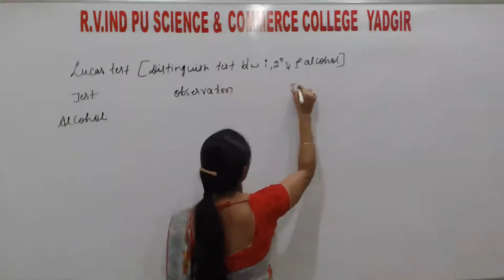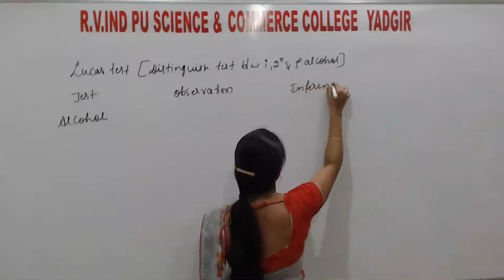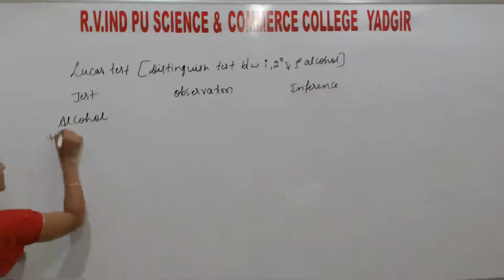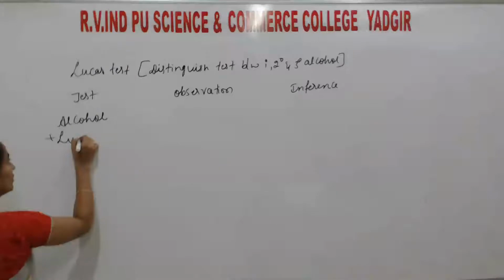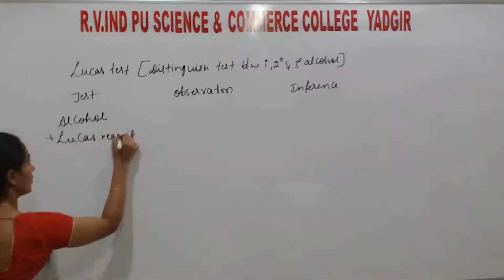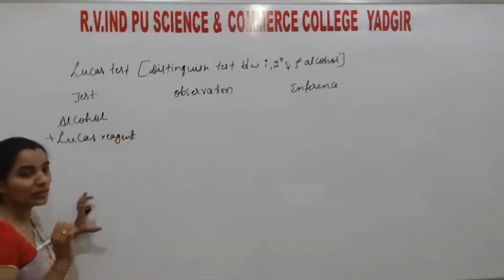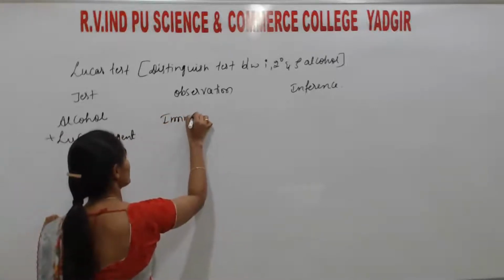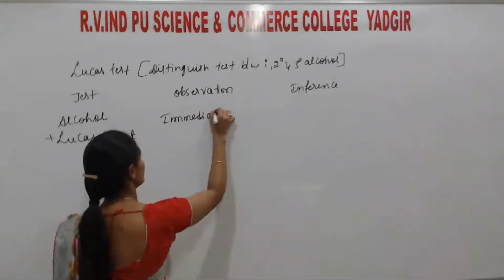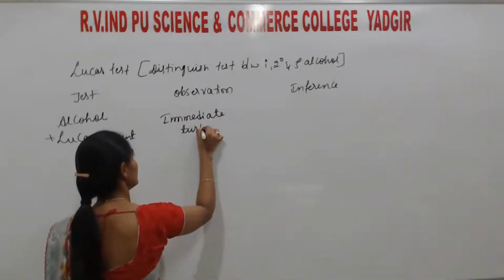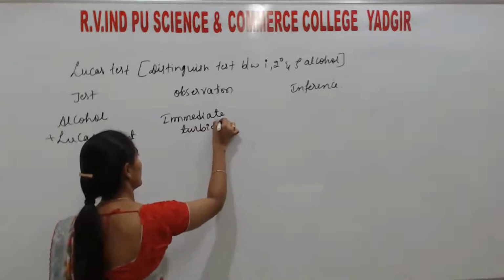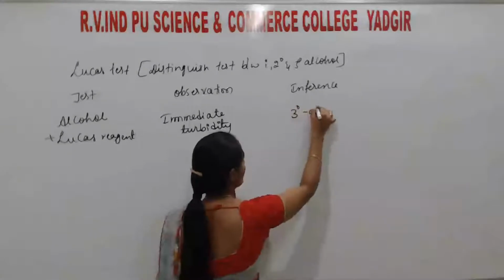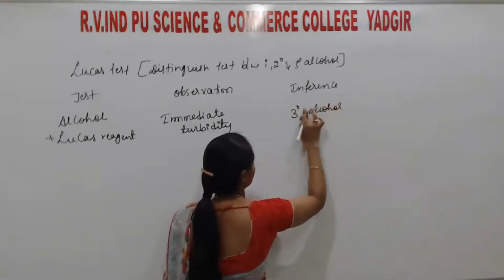Observation, inference. Okay? So alcohols plus Lucas reagent. Later I will say what is Lucas reagent. If immediate turbidity forms, then it is a tertiary alcohol.